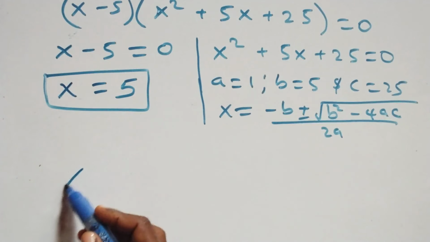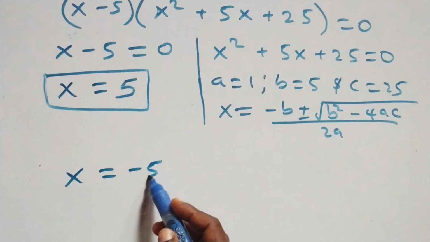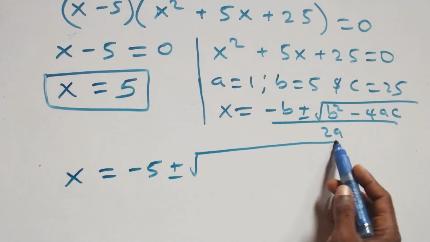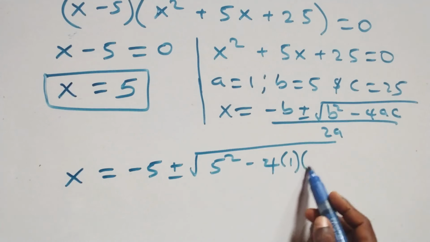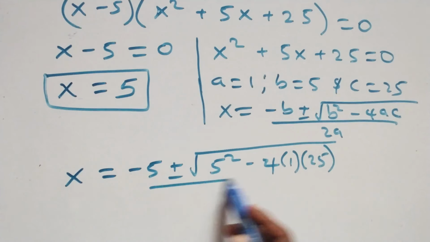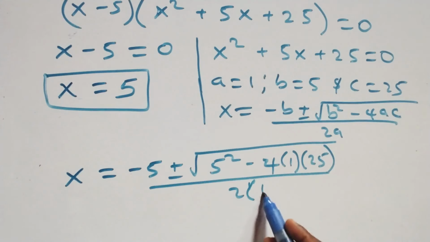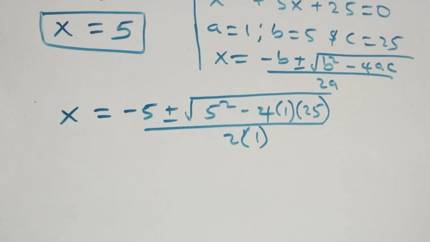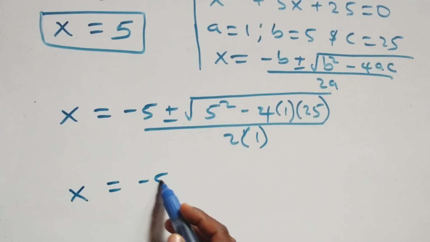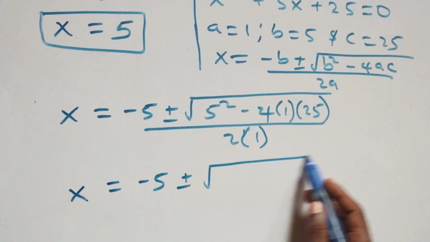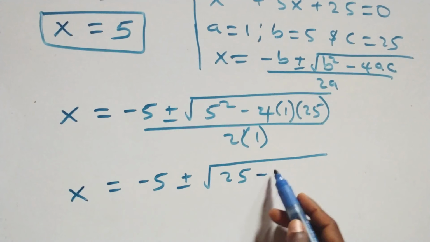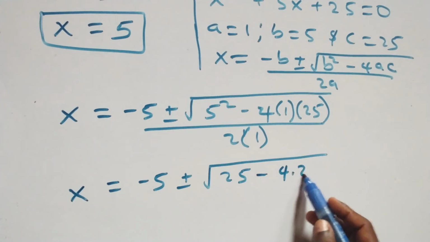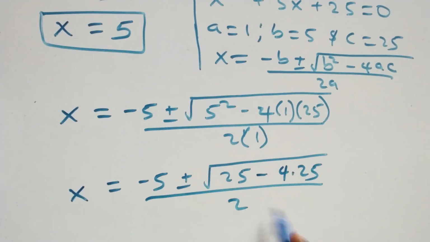Then here we have x equals minus 5 plus or minus square root of 5 squared minus 4 times 1 times 25 all over 2 times 1. Then here we have x equals minus 5 plus or minus square root of 5 squared, that's 25, then minus 4 times 1 times 25, we can write it as 4 times 25, all over 2.